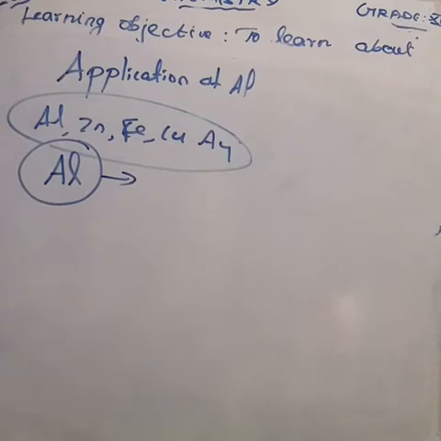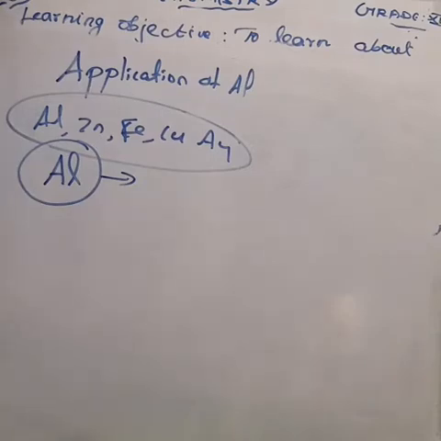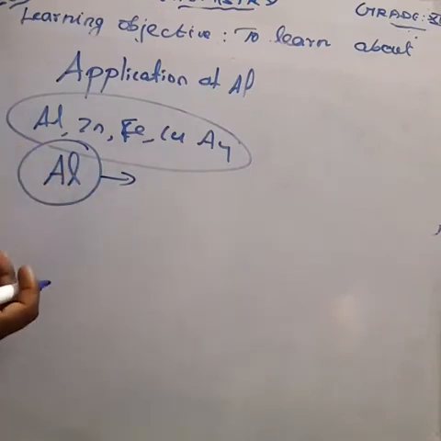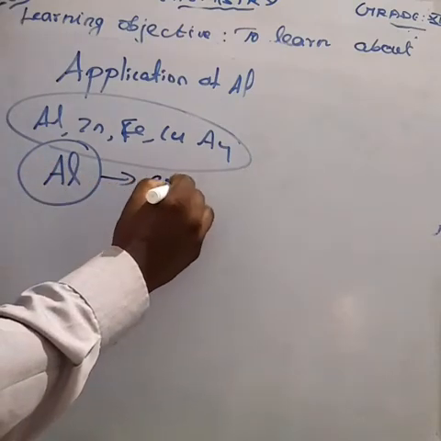Anyhow, here we have to learn the applications of aluminium metal. First point: many heat exchangers, heat sinks, and our day-to-day cooking vessels are made of aluminium.